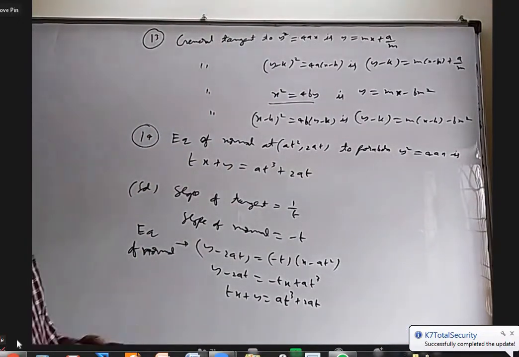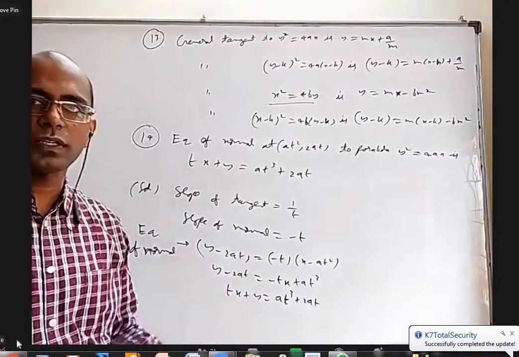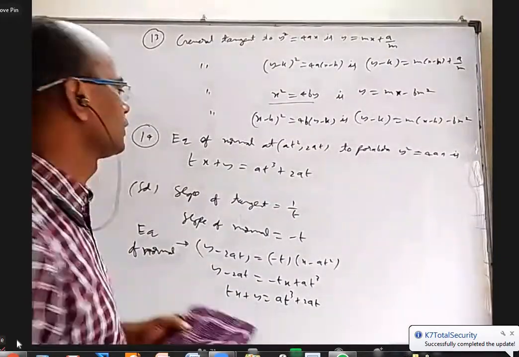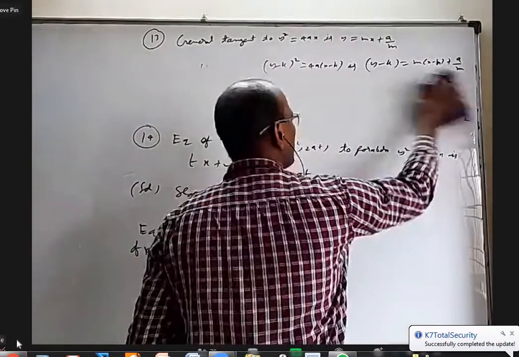Okay, so everybody got this normal. But this is in terms of t. I don't want it in terms of t, I want it in terms of m, the general normal. So anybody want to tell what is the general normal of y² = 4ax in terms of m?